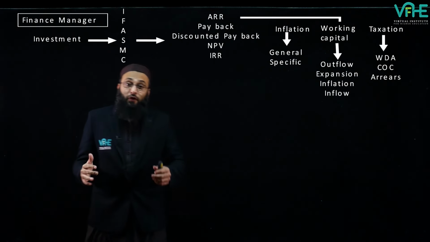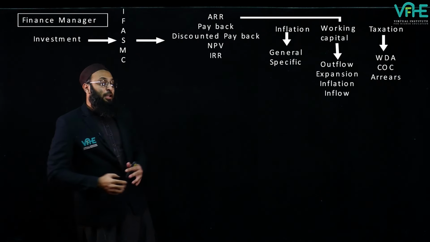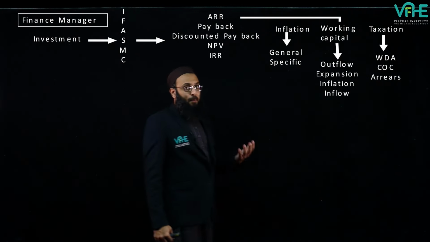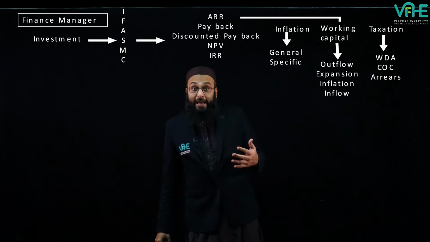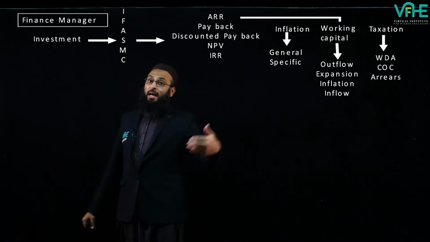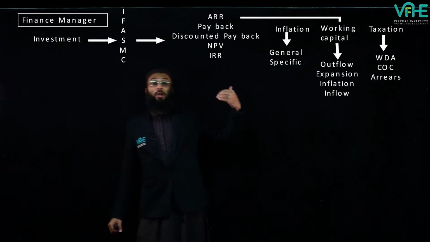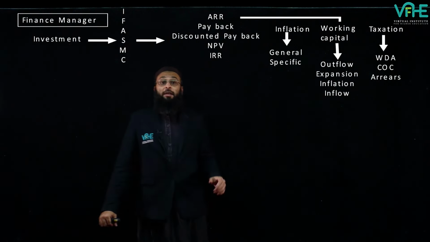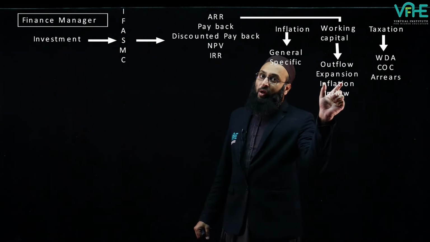For example, if your sales will grow, which means you need more working capital. So you need to increase working capital, incremental working capital will be worked out, and likewise, your business might go down, the sales might go down. And if that is the case, then your working capital need will go down as well. Okay, so you need to make sure an adjustment for expansion will be required.